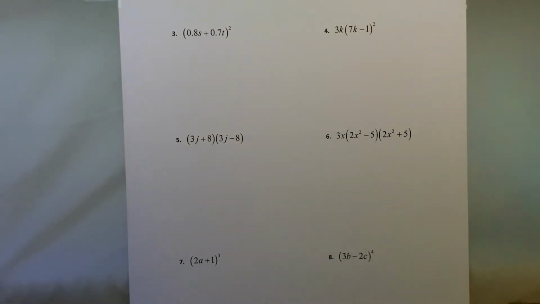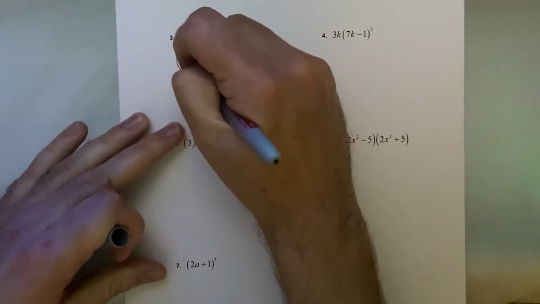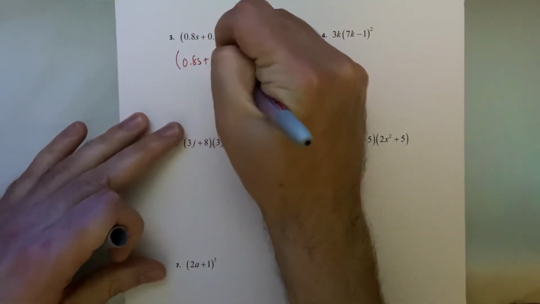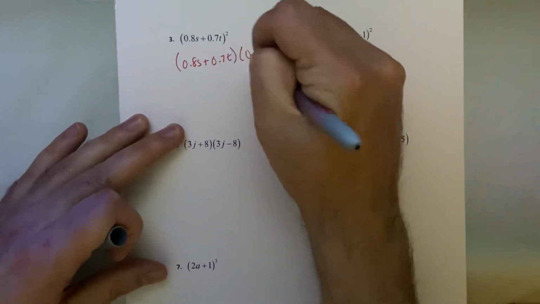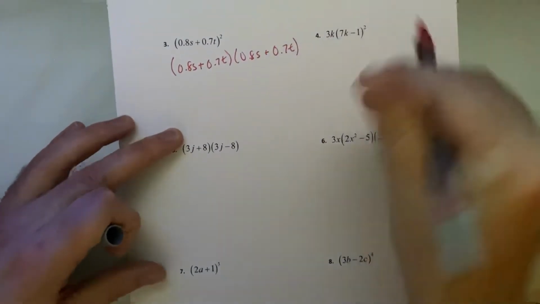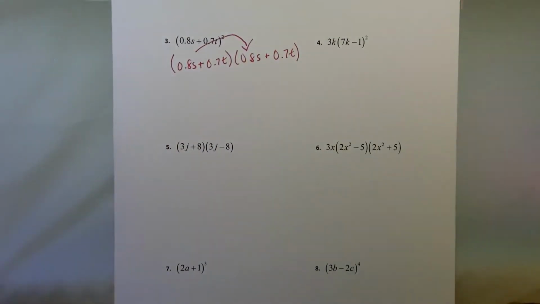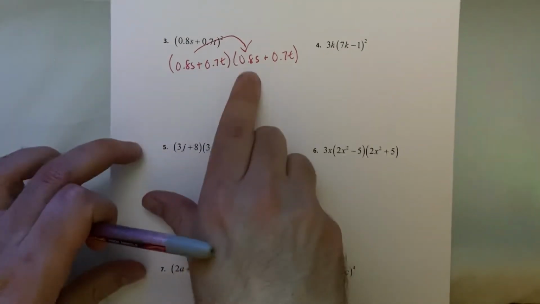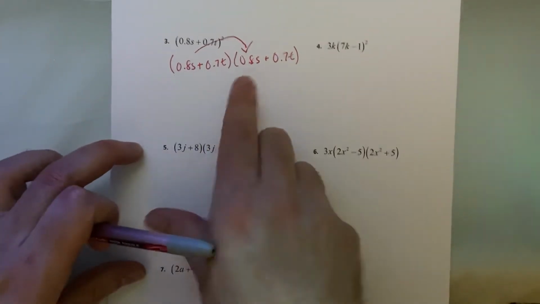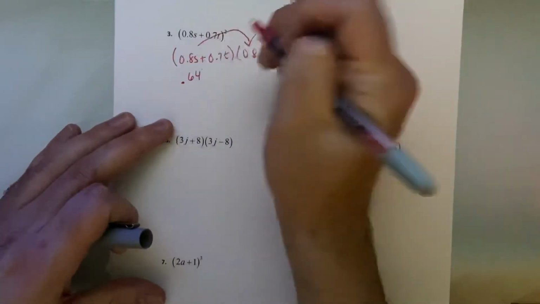0.8s plus 0.7t. You may have some with decimals as well. Again, I would write them out. Multiplying decimals. 0.8 times 0.8. Think of 8 times 8. How many total numbers are behind the decimal? 2. So it's 64, but both of those have to be behind the decimal.